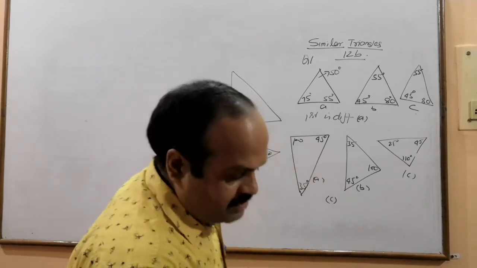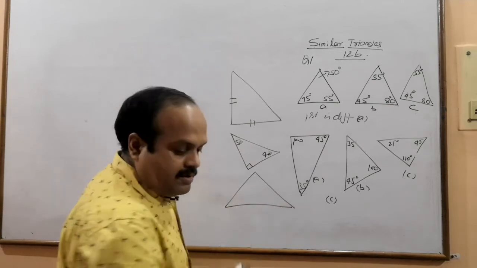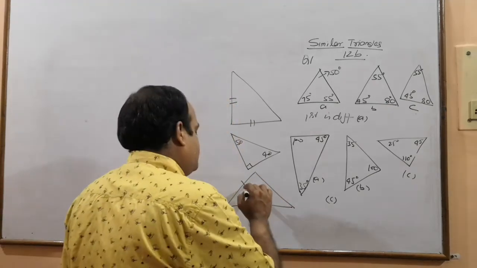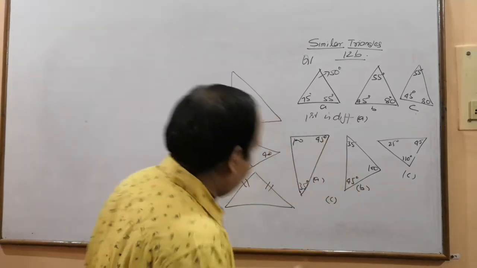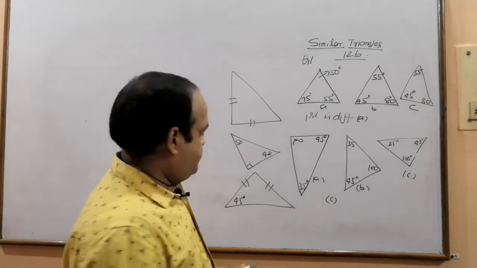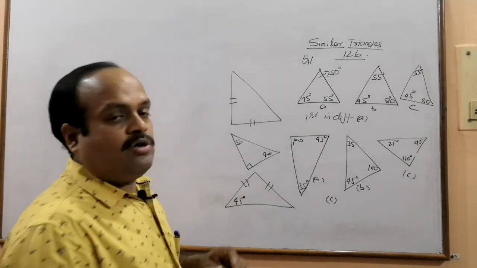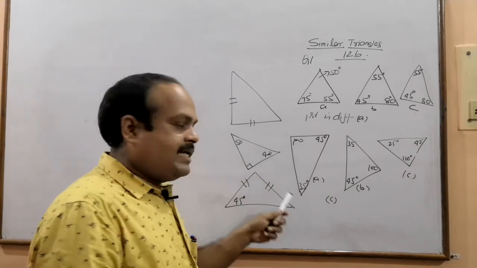Come to the next one. Next one, we have these two sides of the triangle equal. This angle is 45. Okay, so I hope you know that this triangle is an isosceles triangle because its two sides are equal.